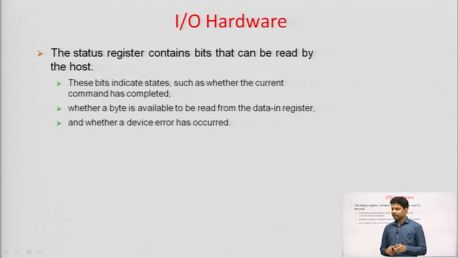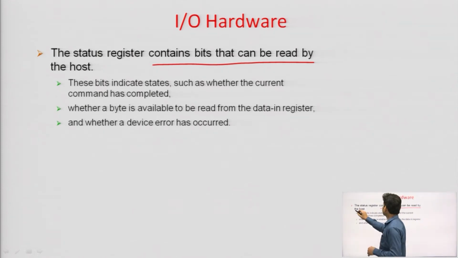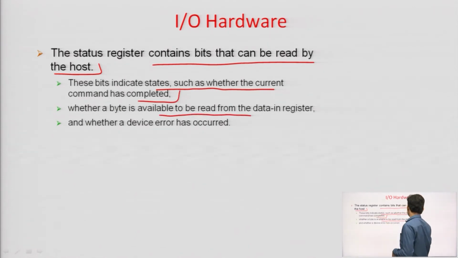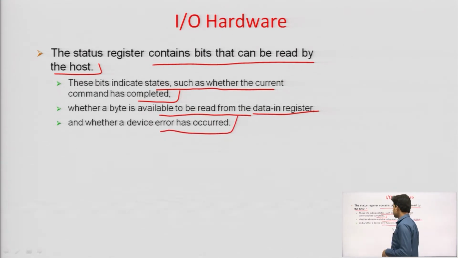The third one is the status register, which contains bits that can be read by the host. This will become clear when we see the concept of polling. These bits indicate states such as whether the current command has completed, whether a byte is available to be read from the data in register, and whether a device error has occurred.